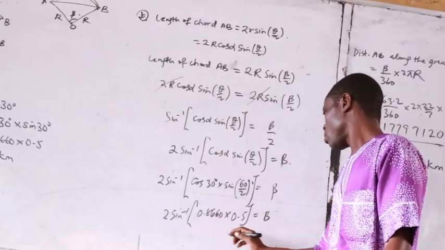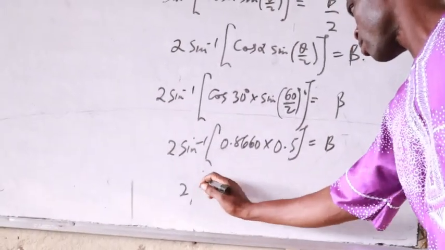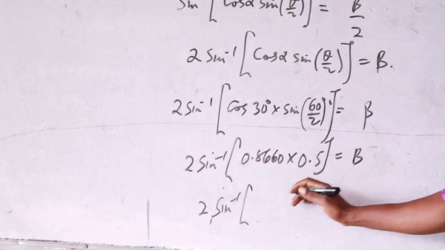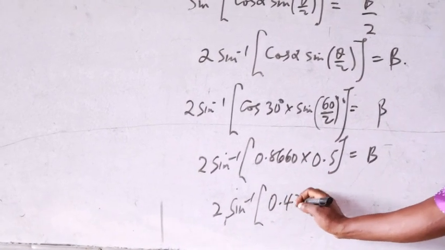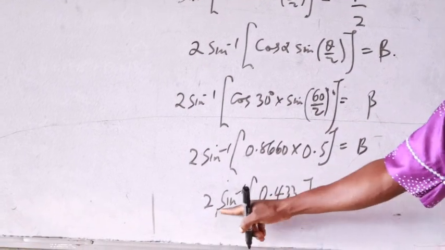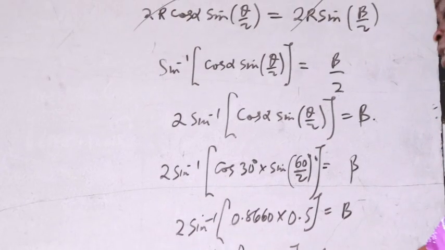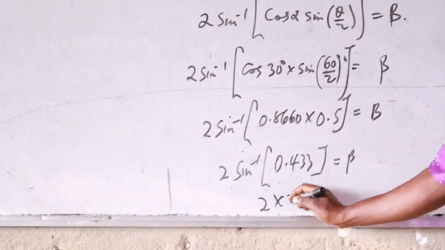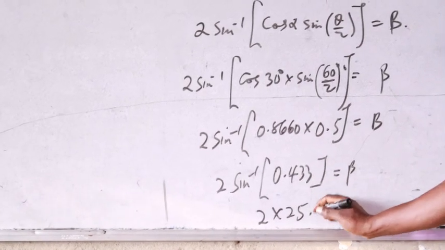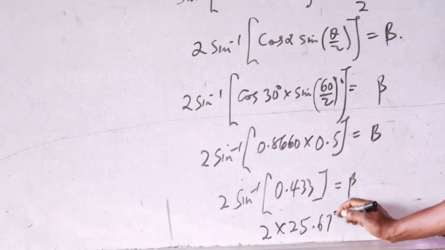Please let me multiply: 0.866 times 0.5 is 0.433. Beta equals 2 times arc sine 0.433, which is 25.658. Then 2 times that, 51.3. Beta equals 51.3 degrees.